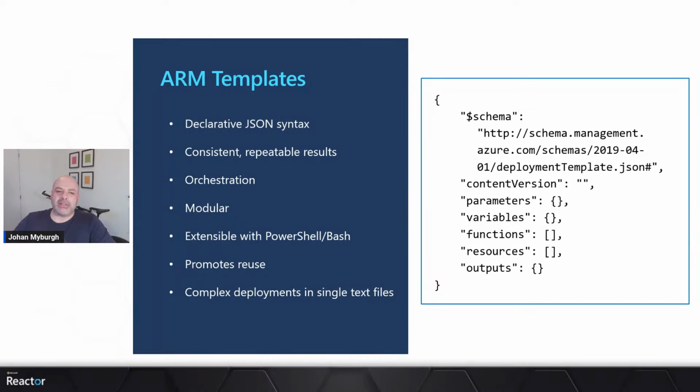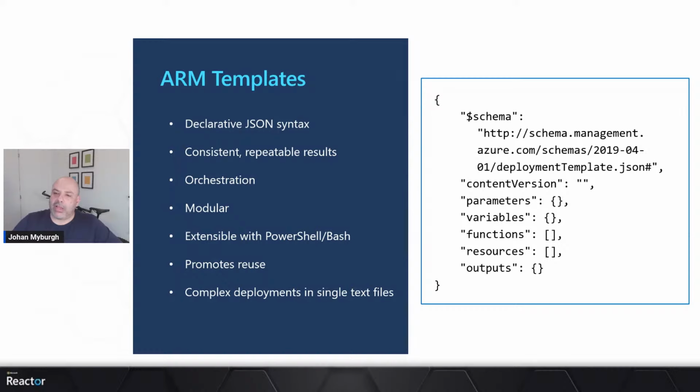So templates, and especially centrally stored templates, will promote reuse in your environment. That's what you want to get to: a central repository where you've got a couple of templates and your administrators and developers just use these templates over and over and over again. If there's a change to the templates, you can go and redeploy them.